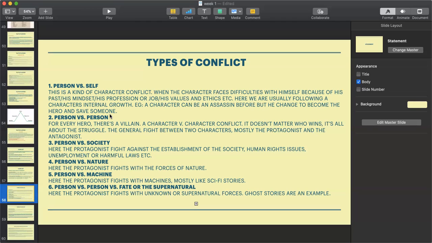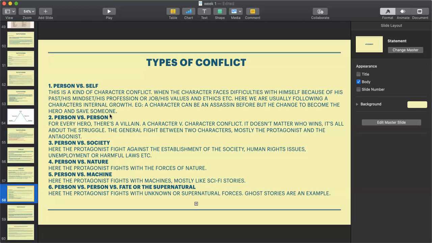So person versus person is a hero versus a villain, right? A general fight between two characters, mostly the protagonist and the antagonist, right? So this is like the Avengers versus Thanos, or like the hero versus villain in a film. Okay. So that is the second type.